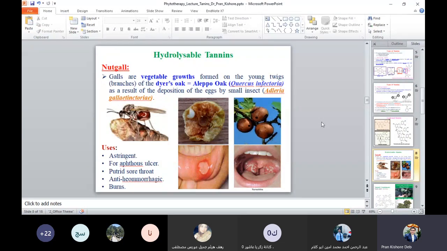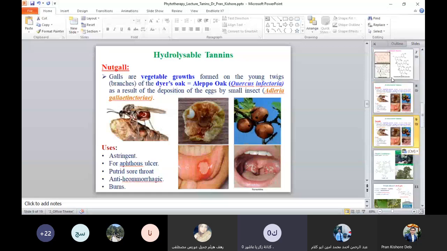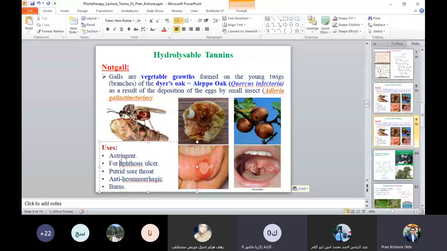Which one is the botanical name of the plant and which one is the name of the insect? The first one, Quercus infectoria, is the botanical name. The second is the name of the insect.